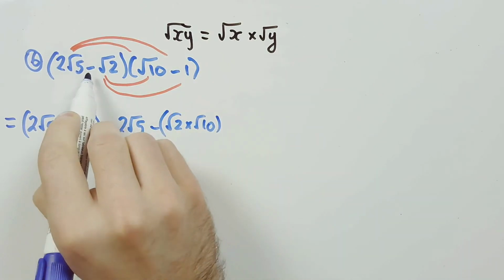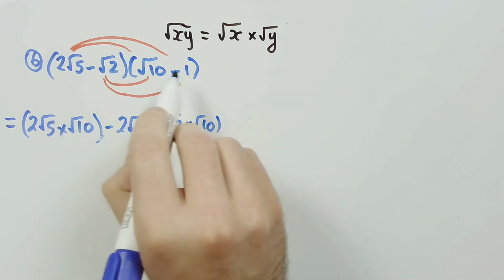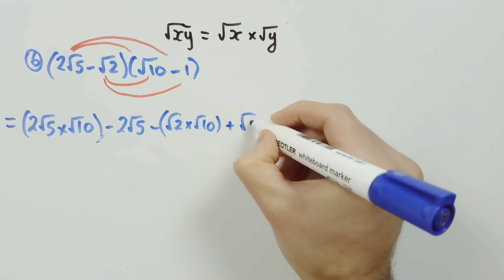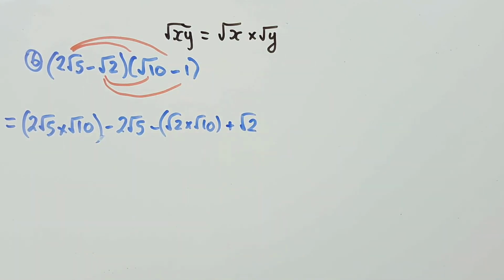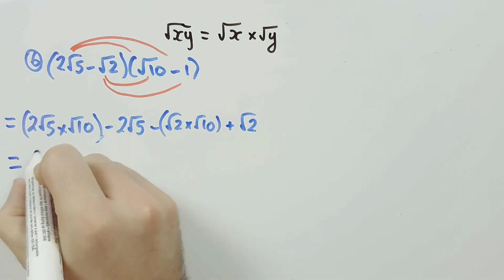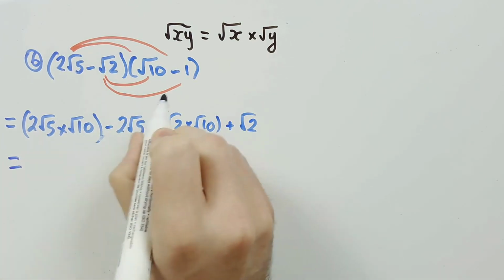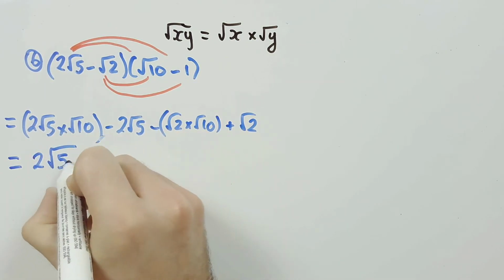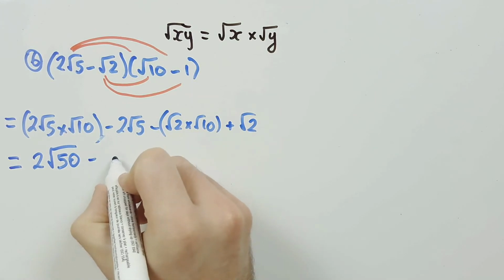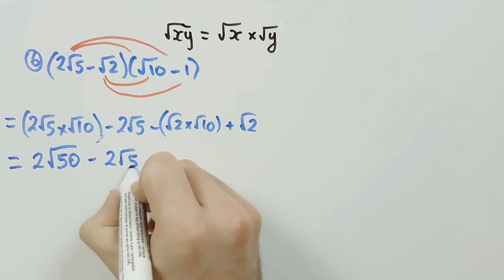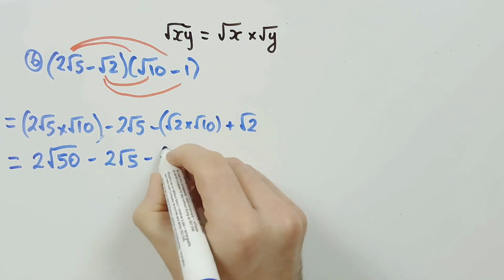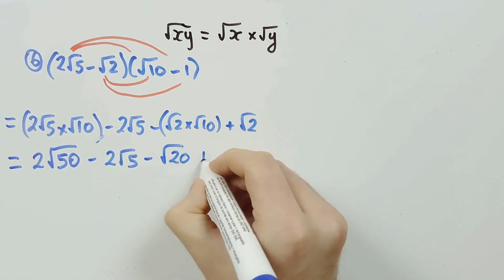And lastly, we have a minus and a minus, 1 times root 2 plus 1 times root 2 is 2. So the next thing we can do is simplify this using our law up top to 2 root 50 minus 2 root 5, and simplify this bracket 2 minus root 20 plus root 2.